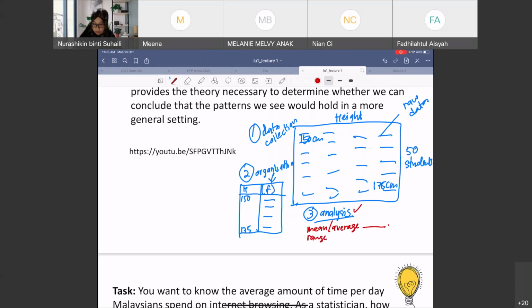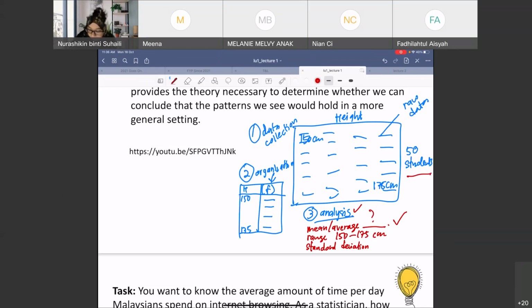Like I mentioned, 150 to 175 cm, because that's what I found in my data. We also have variance or standard deviation, things like that. But the easiest one to understand is the average: what is the normal height of these 50 students? I have to find the average, dividing by the 50 students.